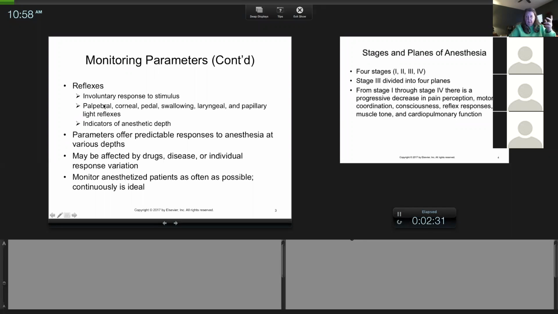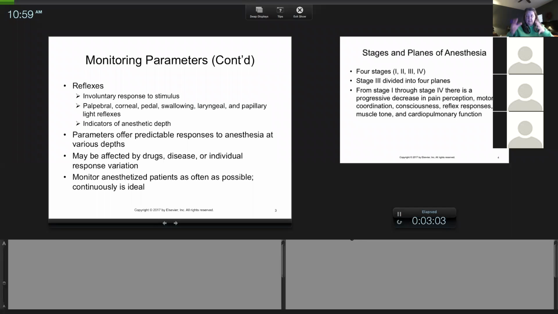Well, palpebral, which is tapping at the canthus. Corneal is when you put eye drops in the eye, or you can take a moistened Q-tip and actually touch the surface of the cornea. Like in a horse, that's a really good assessment. A horse that's light under anesthesia, say they're not deep enough, if something touches the cornea, a lot of times they will retract the eyeball. Sometimes they'll blink too, but what you're looking at is the eyeball will actually retract.